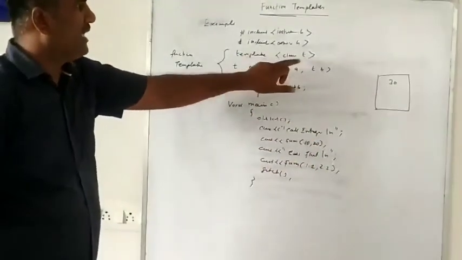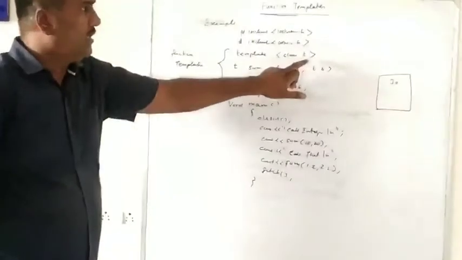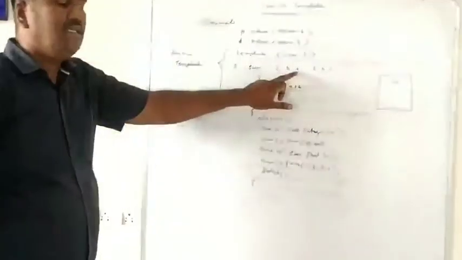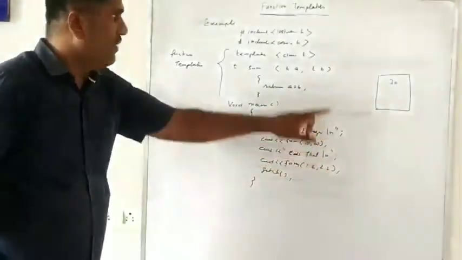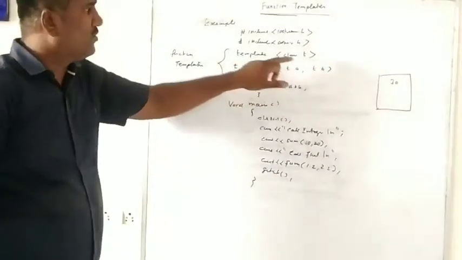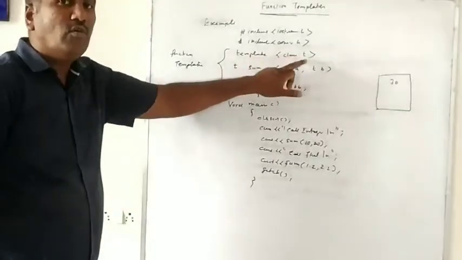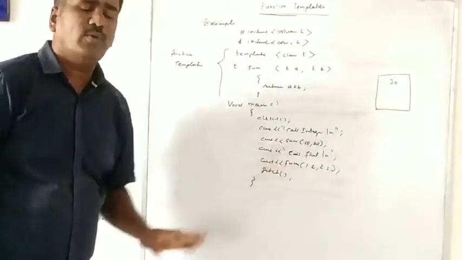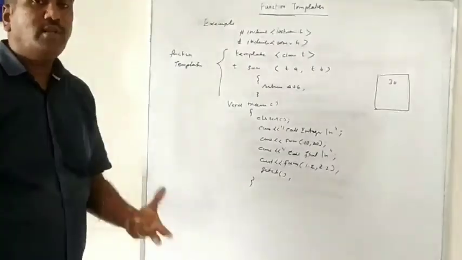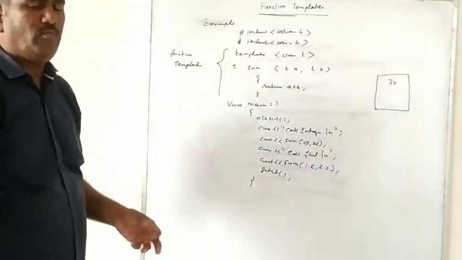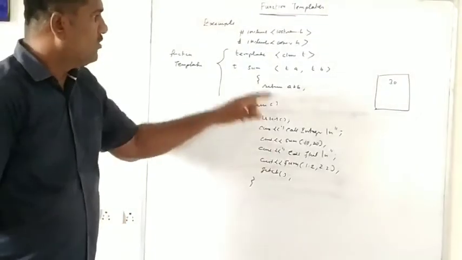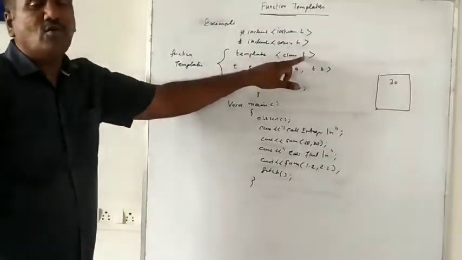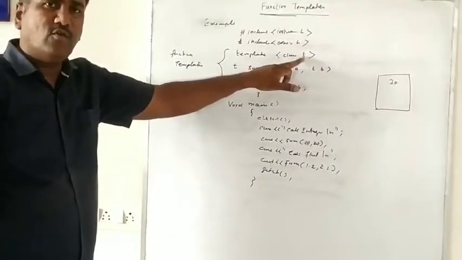So now the class T is a float. The float 1.2 value is assigned to A, and the float 2.2 value is assigned to B. So the class T acts as a float data type. The return type is also float, because 1.2 plus 2.2 is 3.4, which is also a float value. So the float value is returned as T.